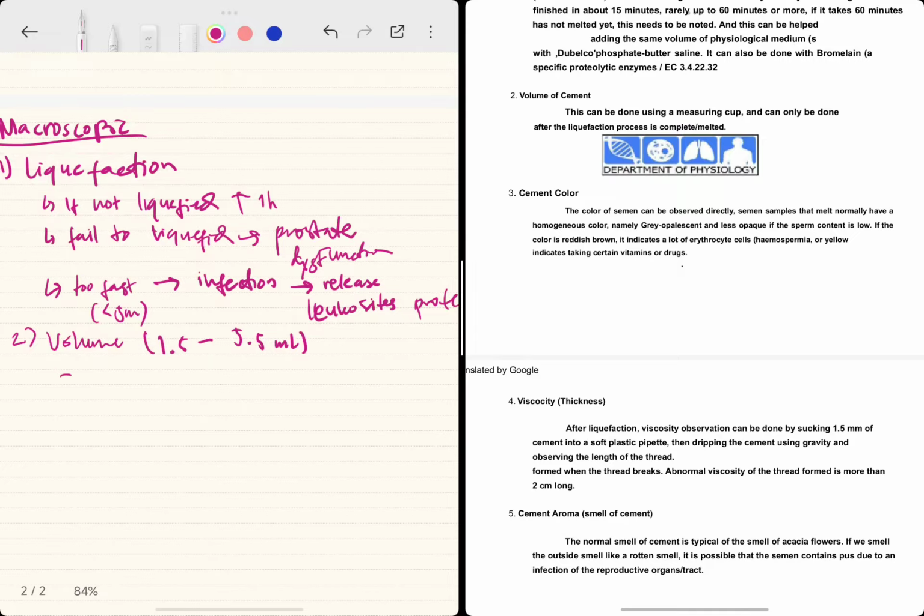If it's low, it is because of retrograde ejaculation, or ejaculatory duct obstruction, or hypogonadism. But I don't want to write it again because it takes a long time. And if it's higher than 5.5, it could be because of dilute sperm concentration.